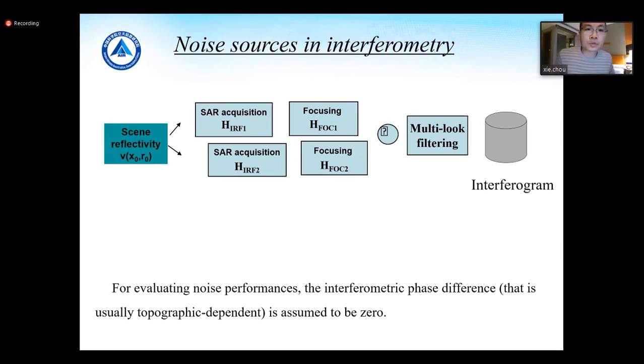In this slide, I would like to talk about noise sources in interferograms. To evaluate noise performance, the interferogram phase difference is assumed to be 0.